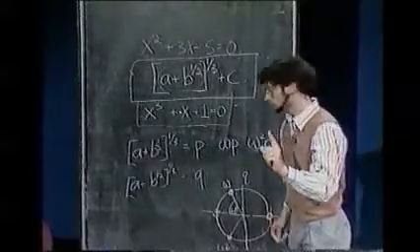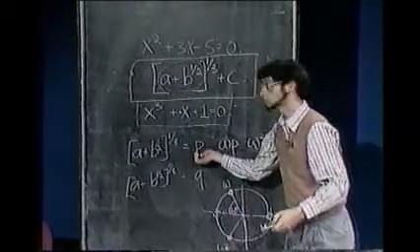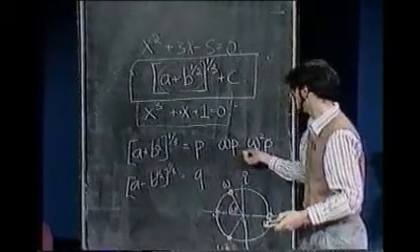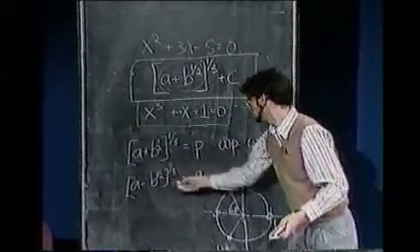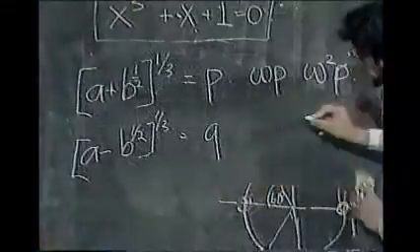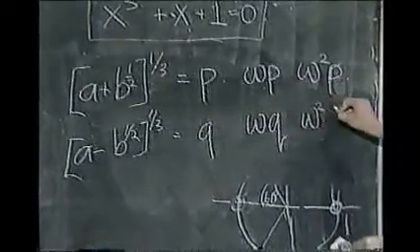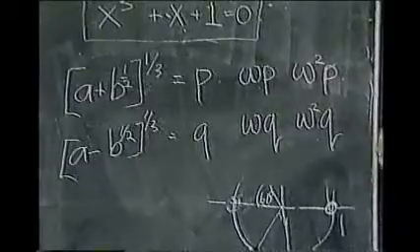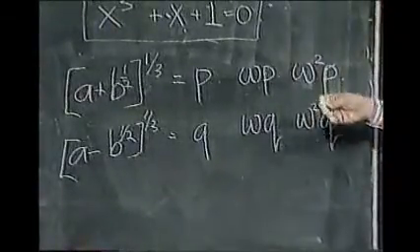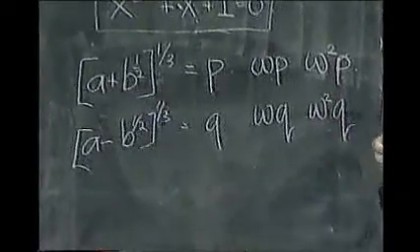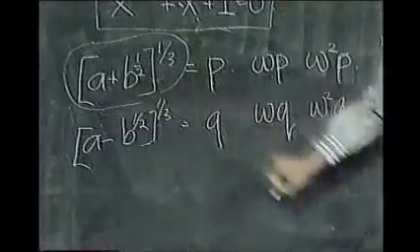The 3 cube roots of the p expression are p, omega p, and omega squared p. The 3 cube roots of the q expression are q, omega q, and omega squared q. We've written a formula which we hoped would be capable of solving a third-degree equation.